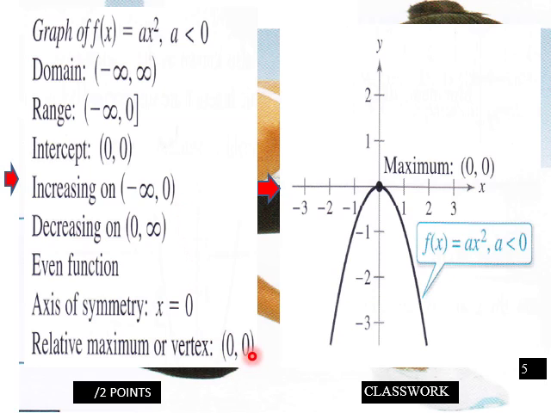Increasing on negative infinity, 0. So this part of the parabola is increasing. This part of the parabola would be decreasing. It's an even function. The axis of symmetry is x equals 0, and then the relative min, or rather relative max here, this is a max, is at 0, 0.